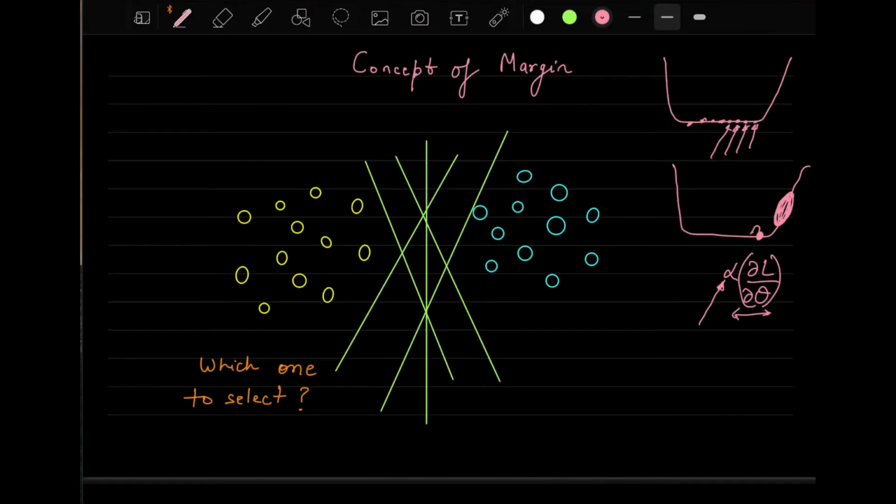It will move very slowly because the gradient at this part of the convex function is almost close to zero. So if you increase alpha to a very large value, it will still move very slowly. So you will be somewhere nearby this point only, and it will not go close to the point where this hyperplane is generated. Is it clear now?